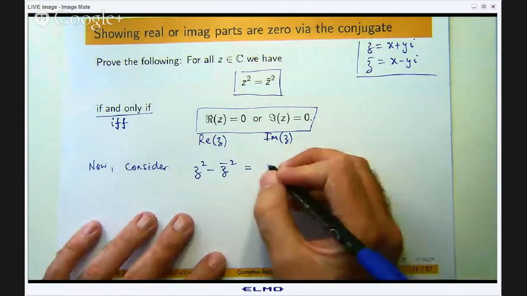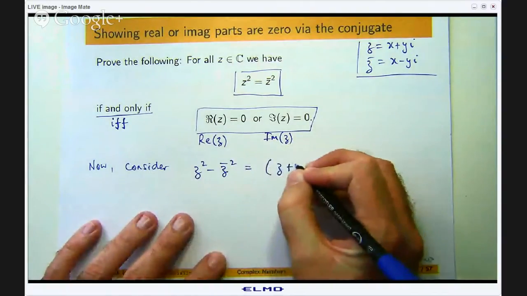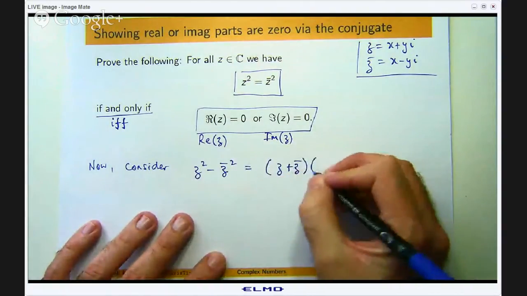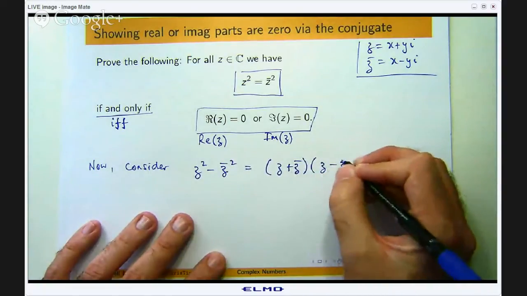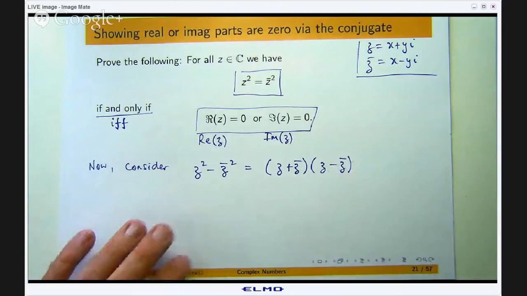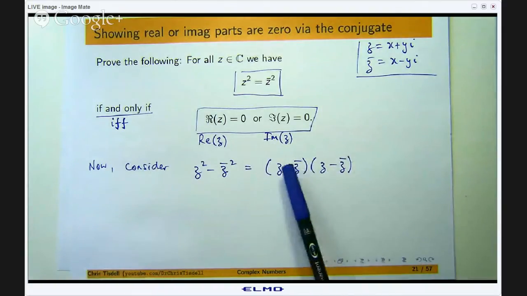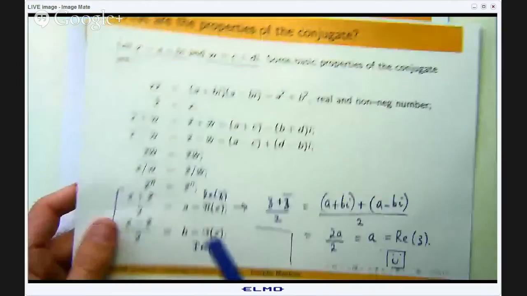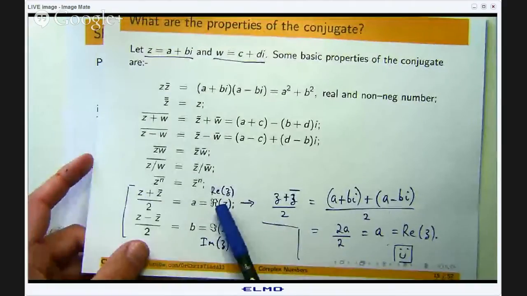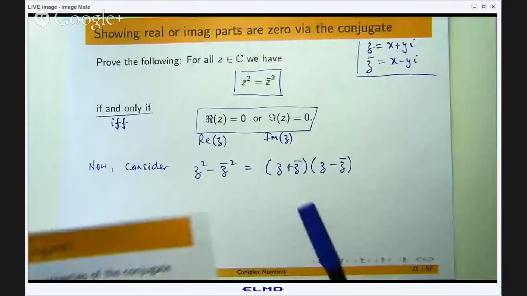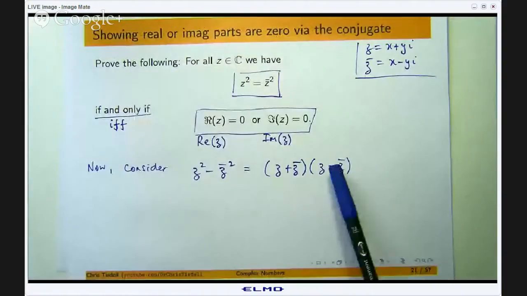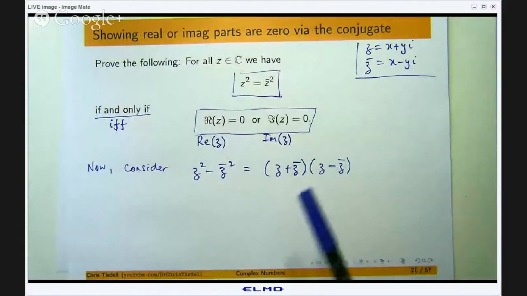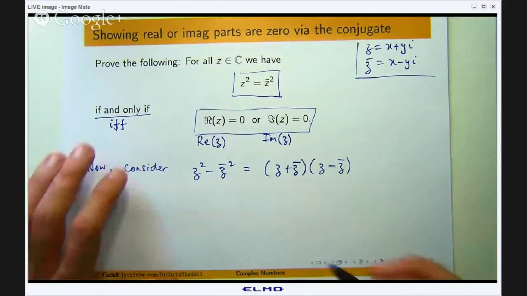So I can write this as z plus its conjugate times z minus its conjugate. Now if I rearrange this, bring the 2 up here, z plus z bar is 2 times the real part of z. z minus z bar is 2 times the imaginary part of z. So I can replace each of these brackets with the following.